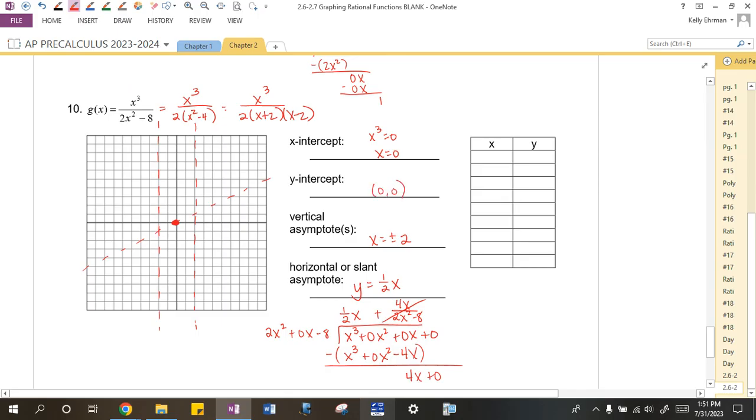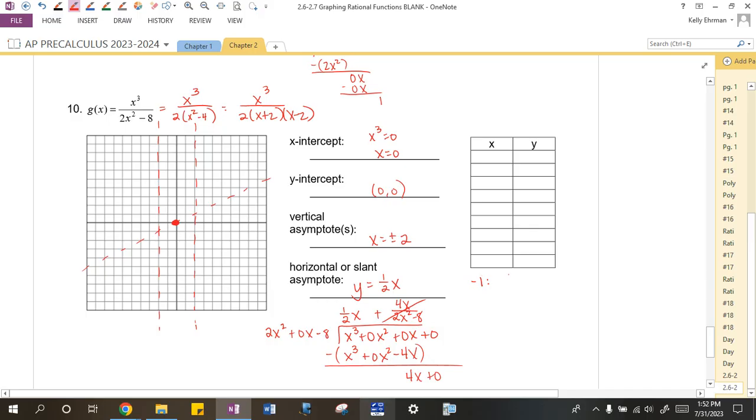And so we need to look at, this is another odd, I'm thinking back to that symmetry. This is odd symmetry because if I plug in negative x, I get negative x cubed over 2x squared minus 8. That's the exact opposite of g of x. So thinking about symmetry can help you do less math, basically.